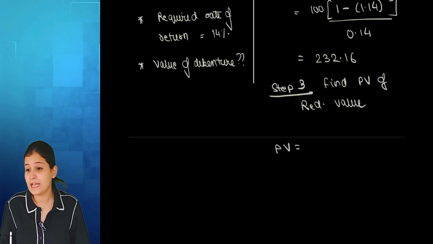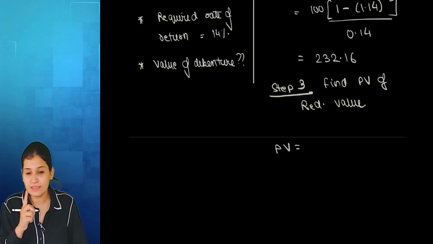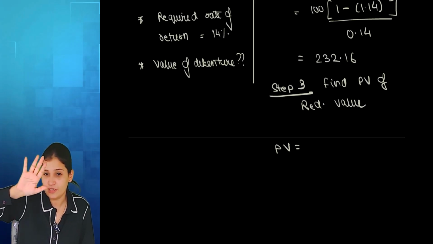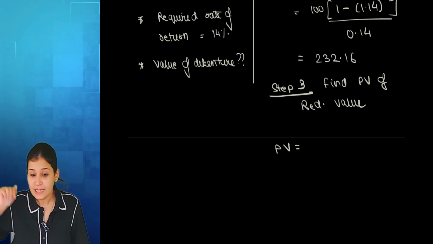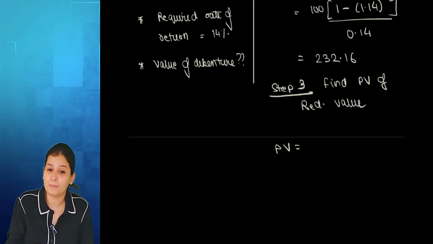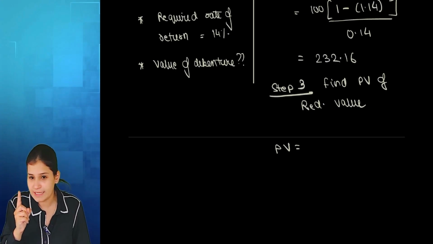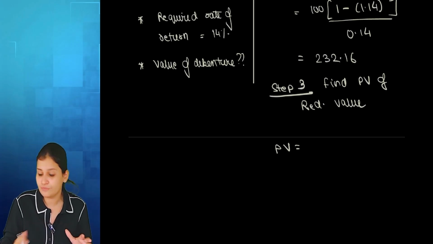In this case, am I getting 1000 rupees again and again? No, I'm getting 1000 returned only once. Earlier, we were finding present value under annuity because we are getting the interest again and again for 3 years. In this case, I'm returning the loan amount, that is 1000 rupees, only once. I won't return again and again. So in this case, we'll be using the normal present value, future value concept.